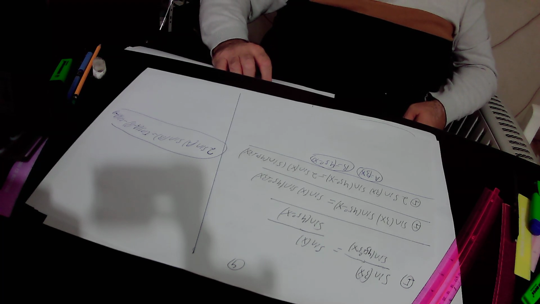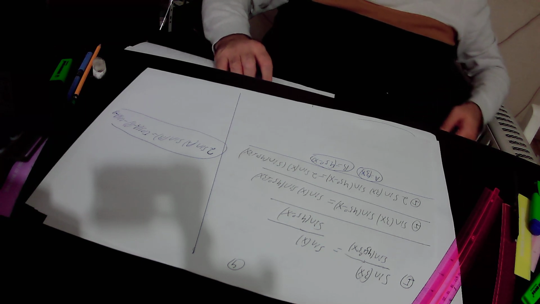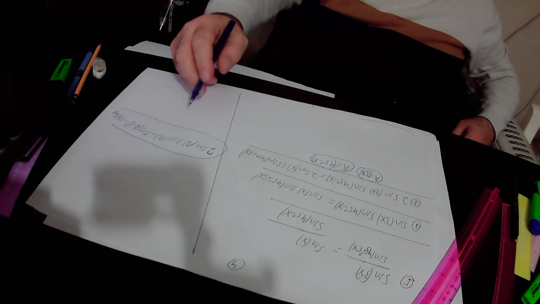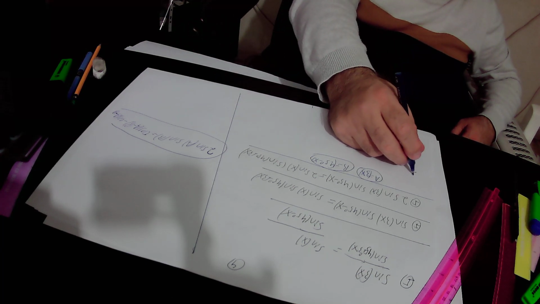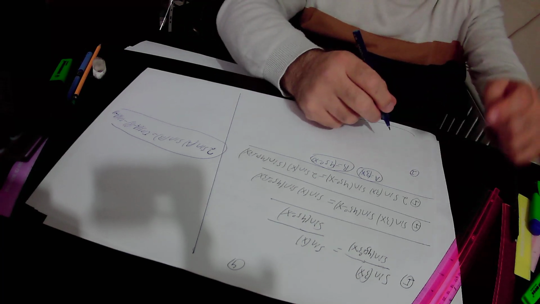So 2 sine 3x times sine 45 degrees minus x, according to this trigonometric identity, will be equal to cosine A minus B.